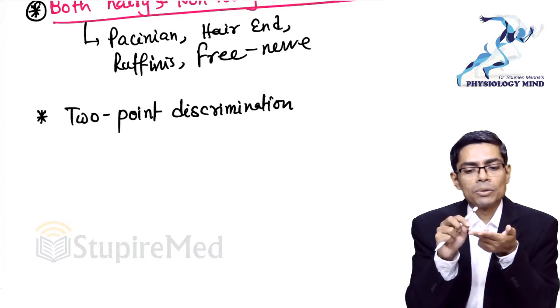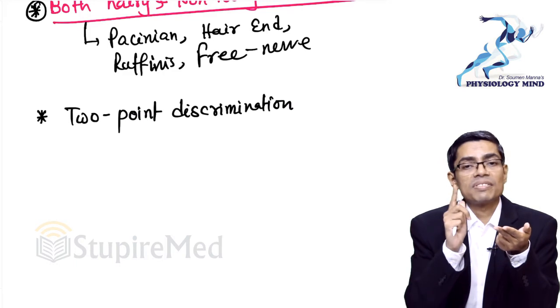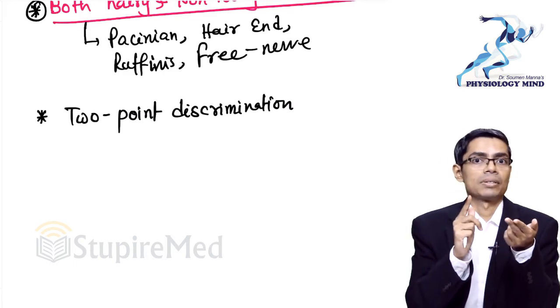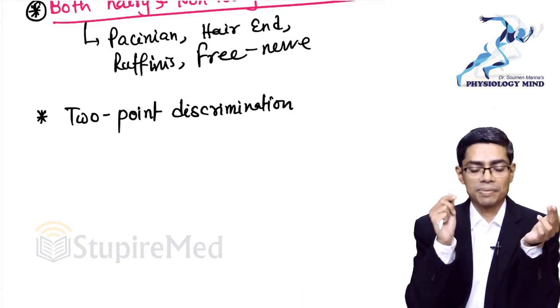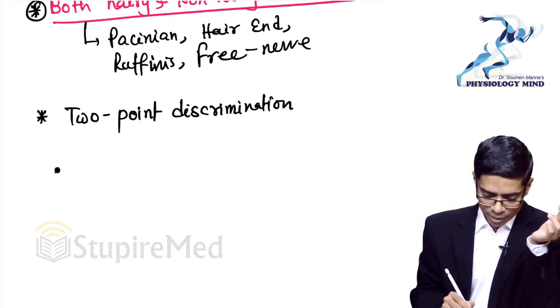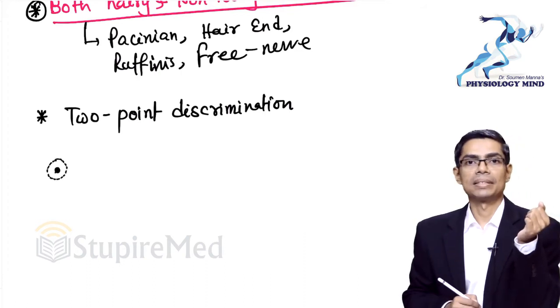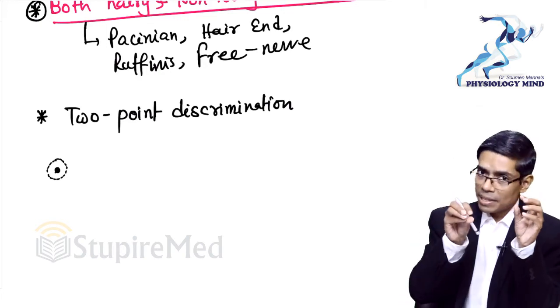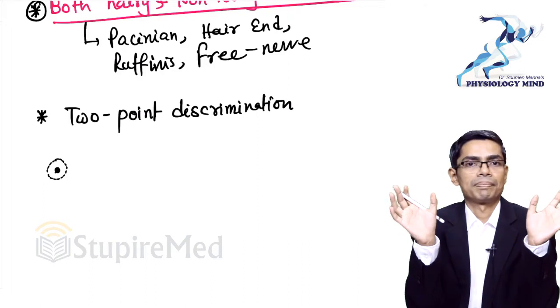The principle is that to detect two points as separate, the receptor field should be very small. Receptor field means the surrounding region from which a receptor can detect the sensation. If the receptor field is very small, then you can detect two separate points separately.